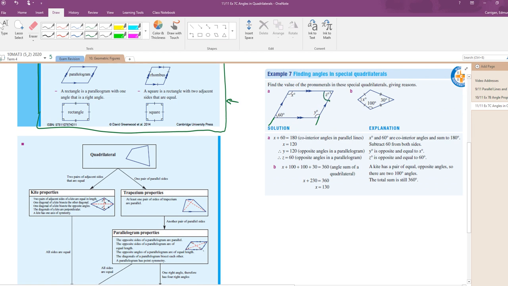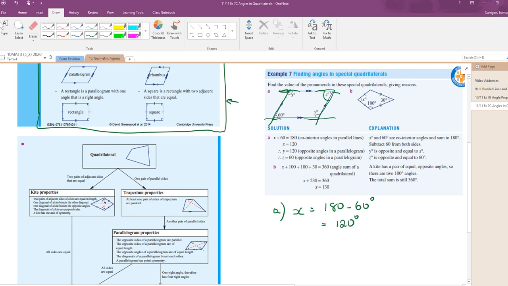So these two here are going to add up to 180, that's a parallel line, that's a parallel line, and here's a transversal. If this C shape is a co-interior angle, these two are co-interior angles. So we can find x in A: x is equal to 180 minus 60 degrees equals 120 degrees.